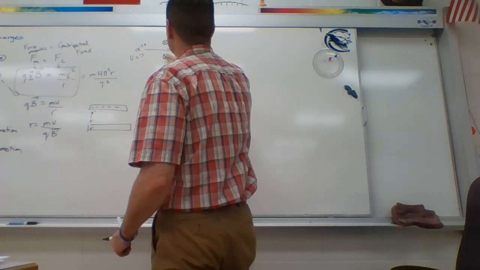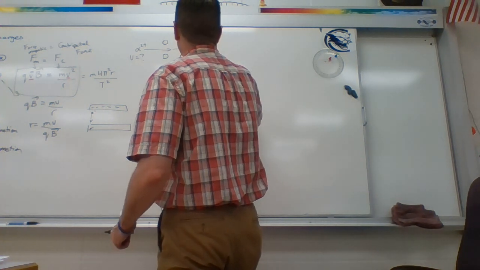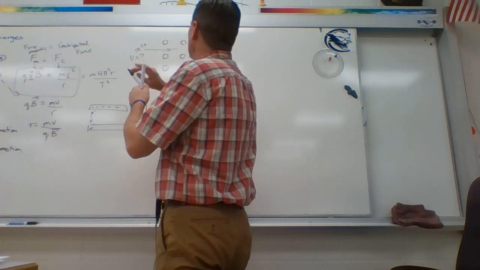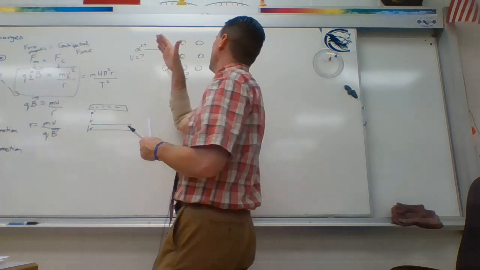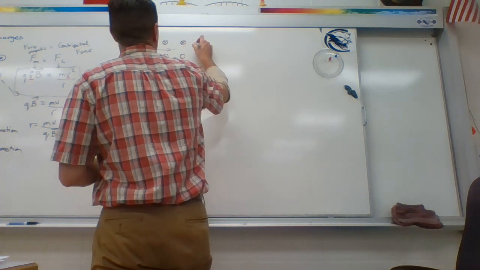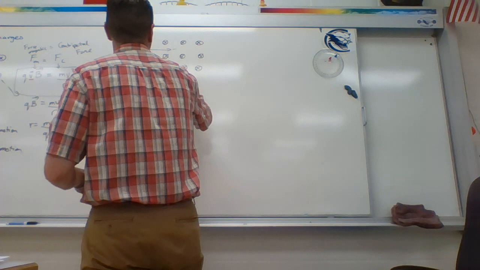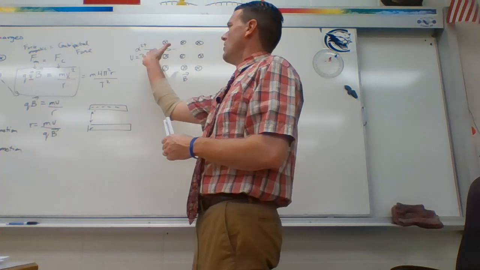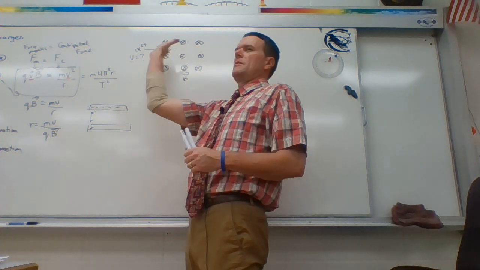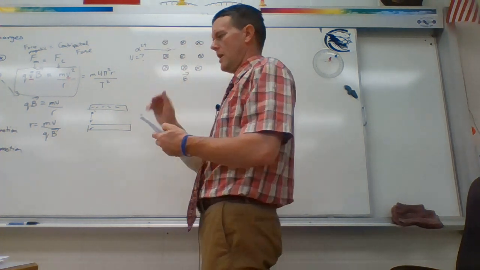I overthought myself, honestly. Because, no, I'm right again. If they go in, it will go up. If they come out, it goes. So, right hand, my fingers point into the page, my thumb points in the direction the alpha particle is moving. The force on this would be up, okay?